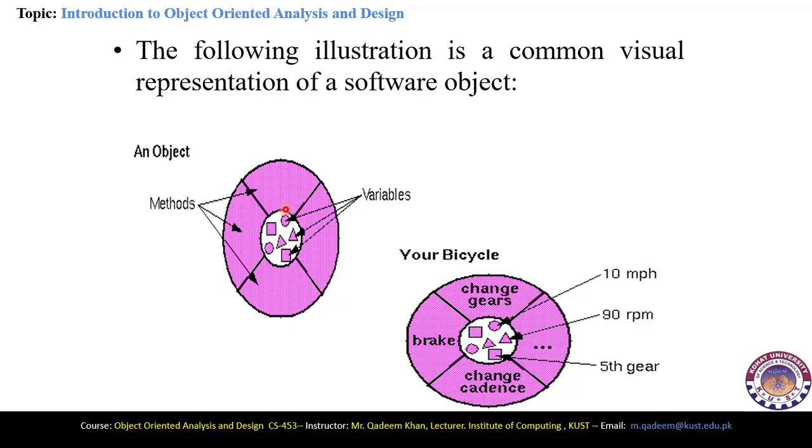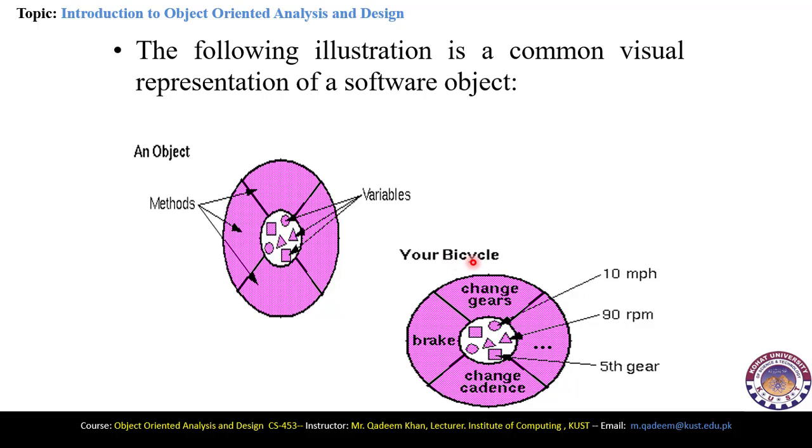Now this is the illustration of the common visual representation of the software objects. Now here we have the full object, and the object contains the variables and the methods. The variables are used to store the data, while the methods are used to process the data and then produce some important information.